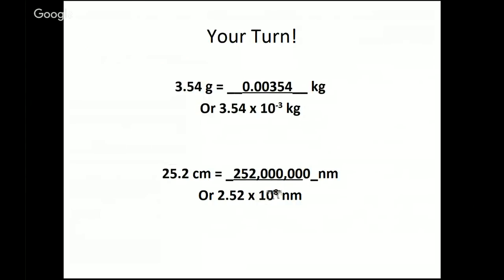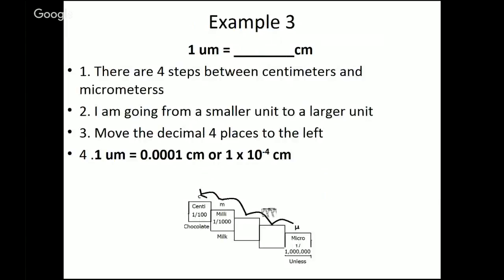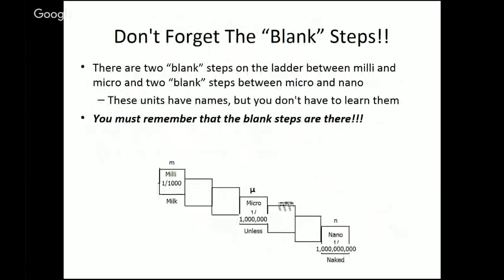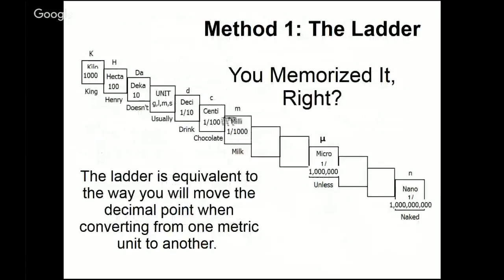On the second problem, we're going from a larger unit, centimeters, down to a very, very small unit, nanometers. Let me show you on the ladder. That's just easier. Let's go back to that big ladder. There it is. Centimeters all the way down to nanometers.